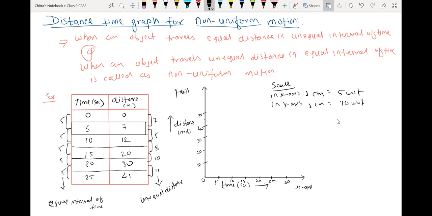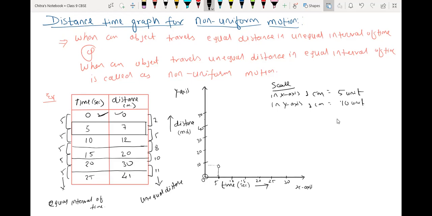Now first we have the value both 0 coordinates. See, here we have 0 and 0, so both the points start at time 0, distance 0. Now we have 5 and 7. Here we have 5 and here 10, so just below 10 we are taking 7 here. That will be the point.